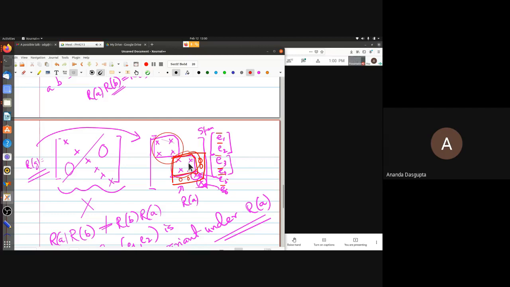But it so happens that the representation furnished by E1 bar, E2 bar and the one furnished by E3 bar, E4 bar are the same representation repeated twice. That is to say, whatever RA does to E1 bar, E2 bar, RA does the same thing to E3 bar, E4 bar. And similarly RB, RC, RD, and all that.